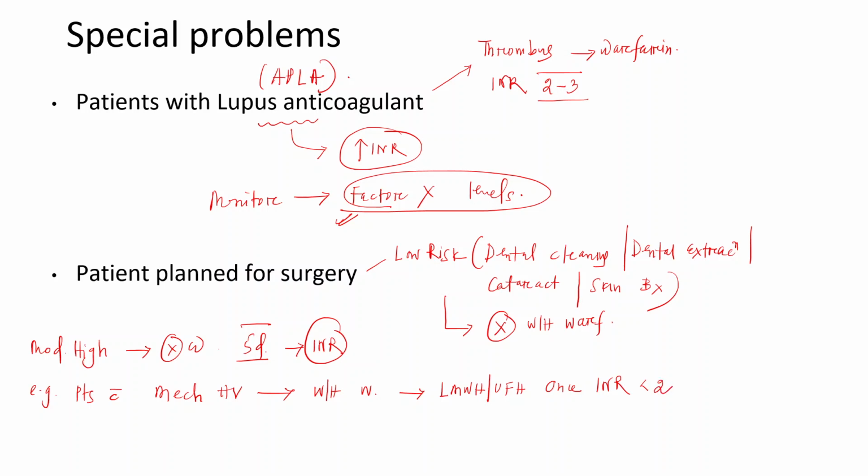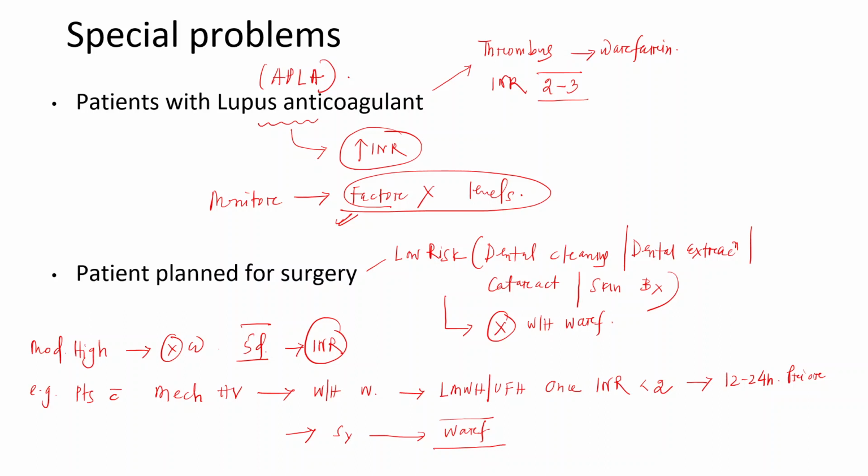So you will stop warfarin and watch the INR. Once it is less than 2, start the patient on low molecular weight heparin or unfractionated heparin. This has to be stopped 12 to 24 hours prior to surgery. And once surgery is over, you can again start the patient on warfarin.